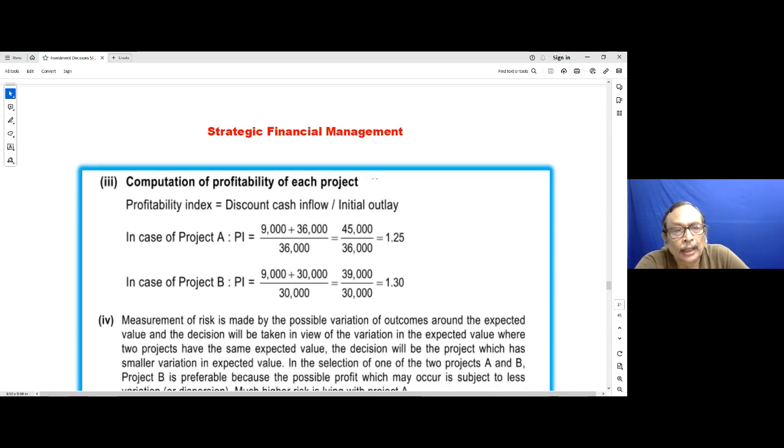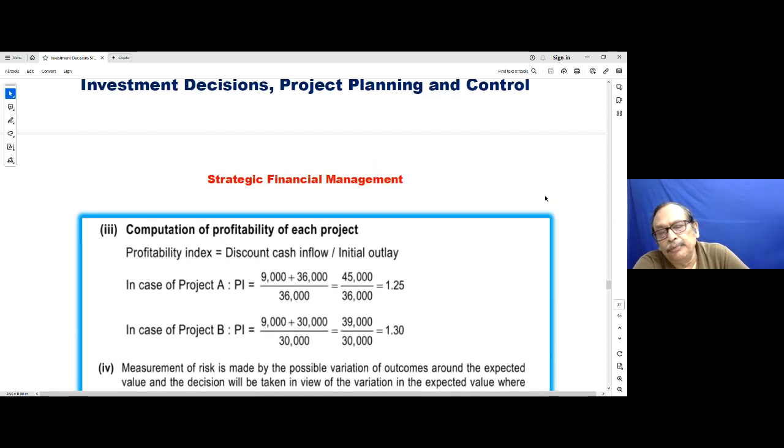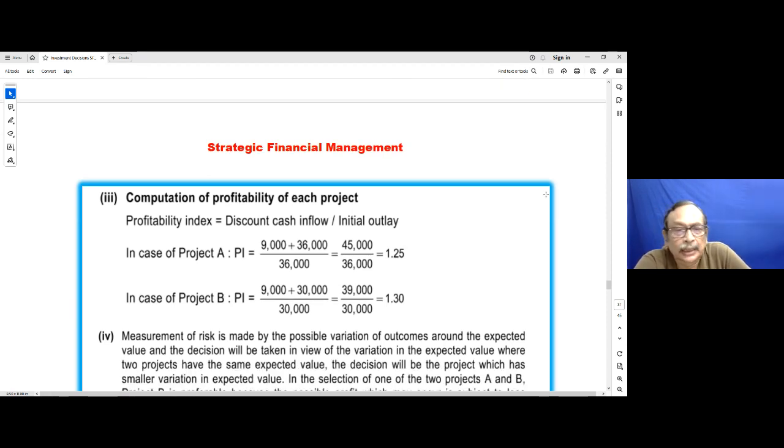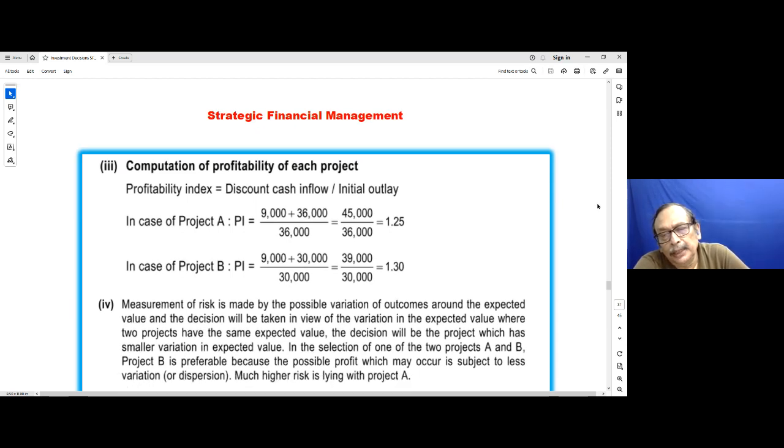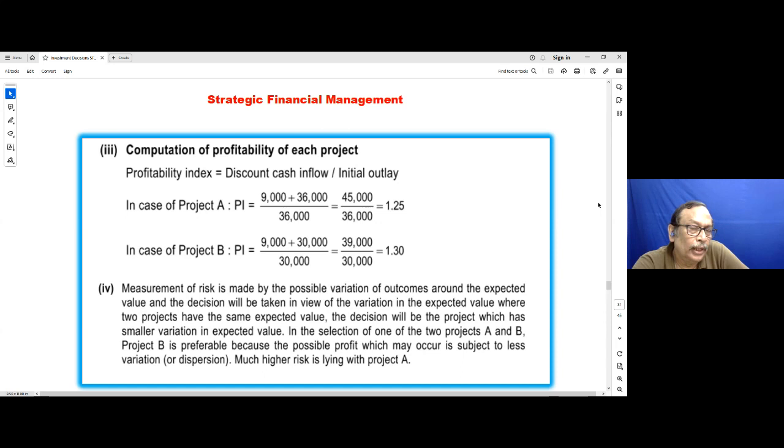Now, computation of the profitability index of each project, that is discounted cash flow divided by initial outlay. In case of project A, we get a profitability index of 1.25, and in case of project B, we get a profitability index of 1.30.